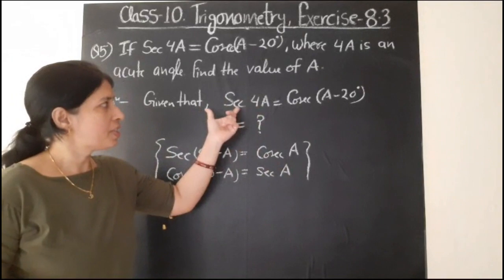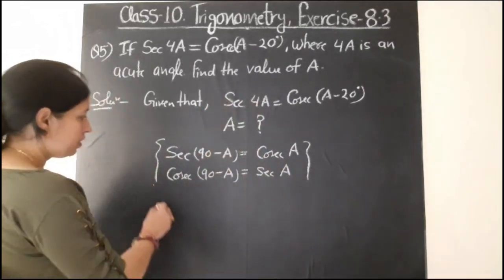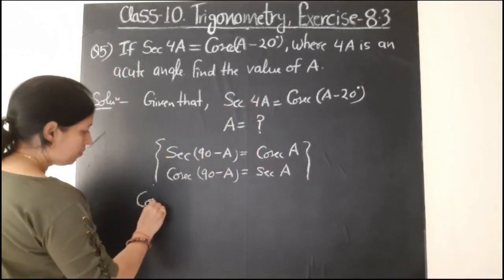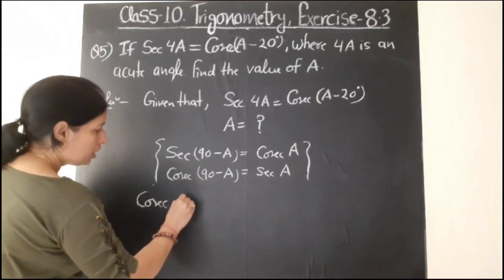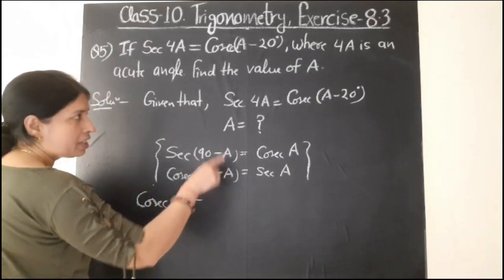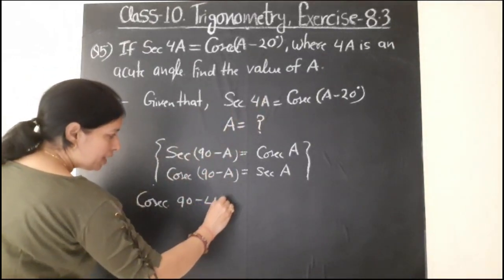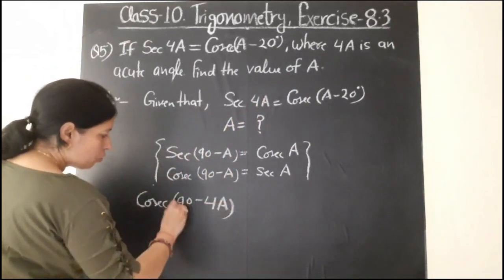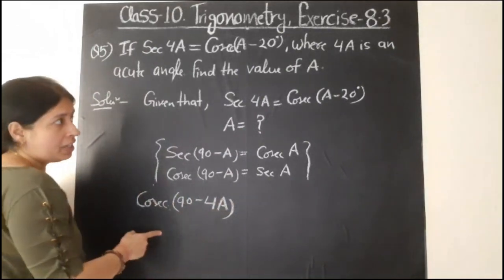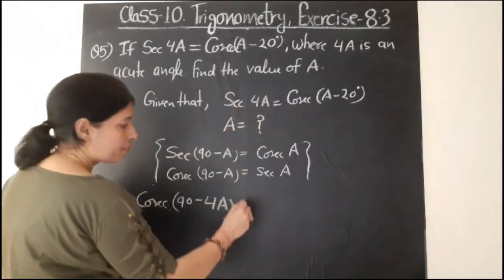So in place of sec 4A we can write cosec 90 minus 4A, because cosec 90 minus A is equal to sec A, and here A is given as 4A. So cosec 90 minus 4A is equal to this sec 4A.